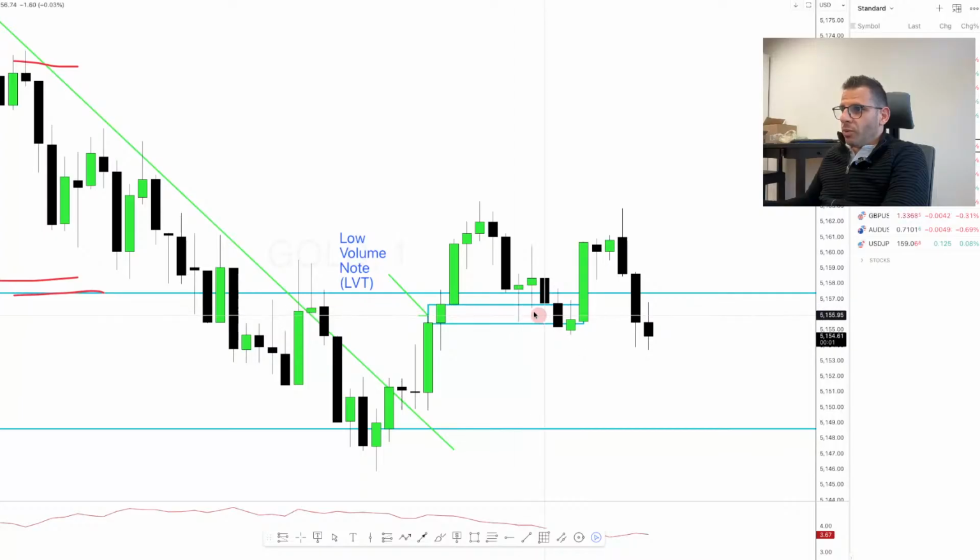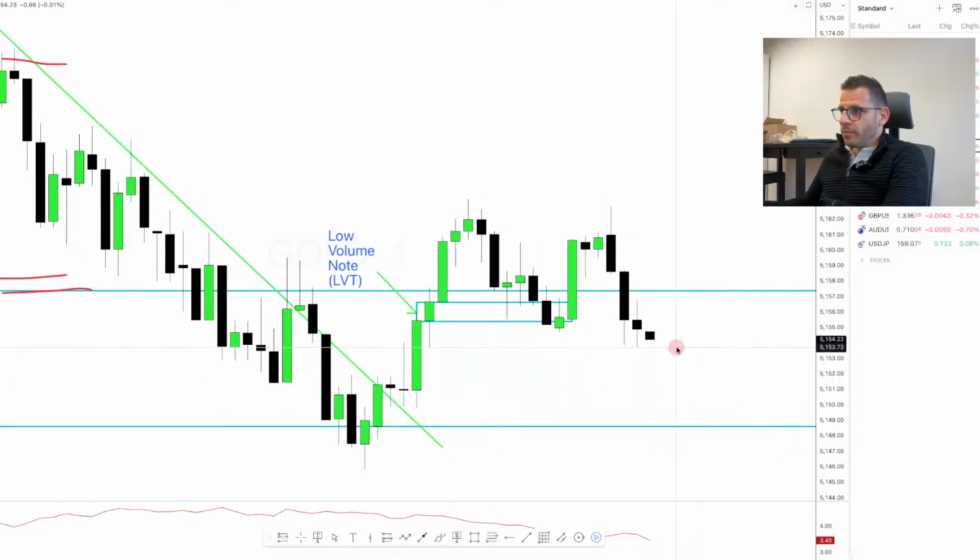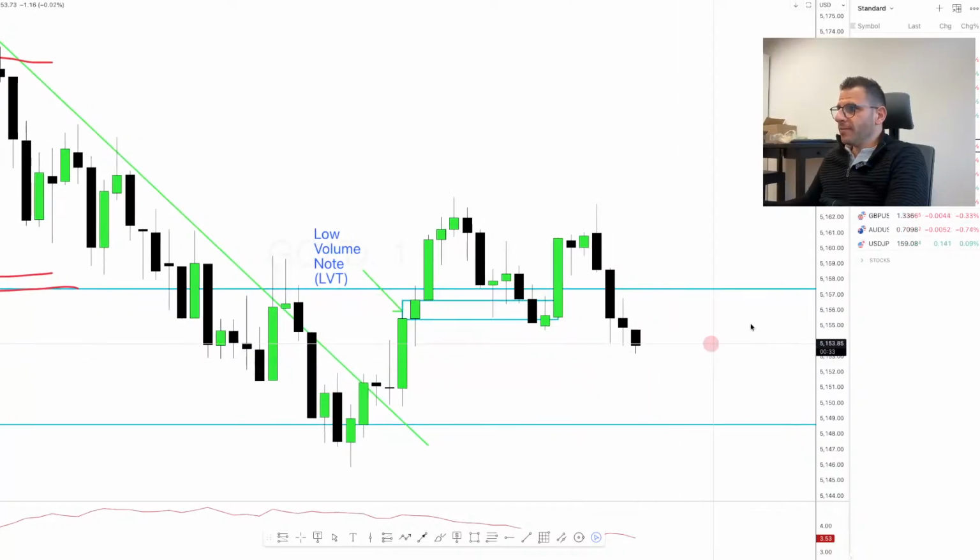So there were two opportunities here, one and the second. Sellers broke this low. That means this move here failed, and now, as I said, likely we are heading for a downtrend.